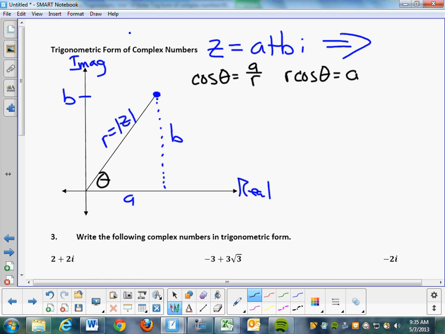Then I can do another part. I can say sine of theta is equal to b over r. So therefore, r sine of theta is equal to b. We're just doing SOHCAHTOA.